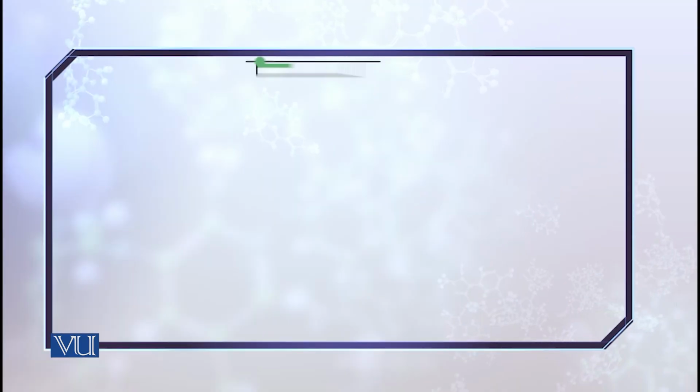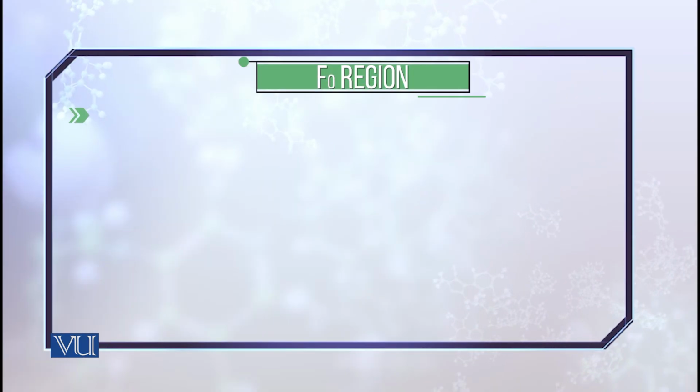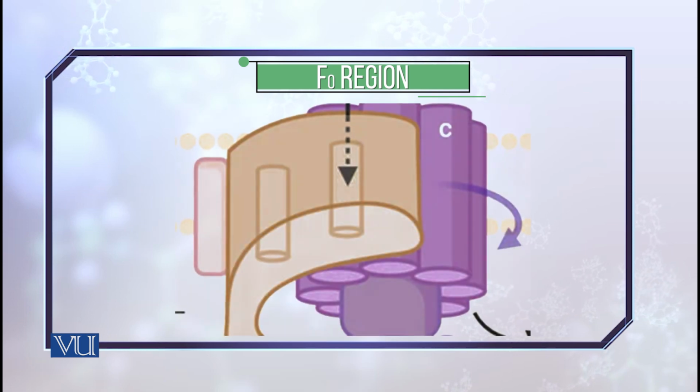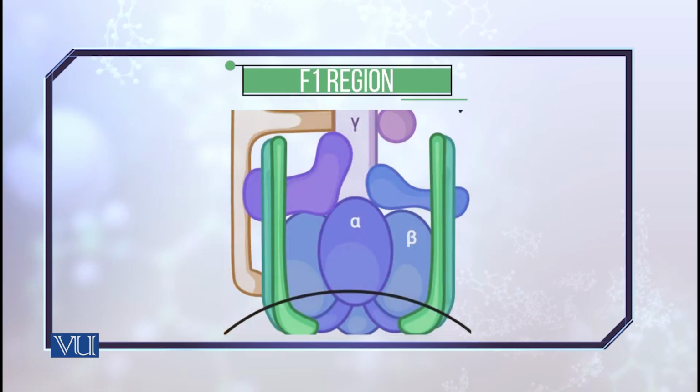The F0 subunit is composed of three further subunits, that is subunit A, subunit B and subunit C. It acts as a motor, because when the protons move through it, it acts as a motor, and this motor then provides the energy for the catalytic activity of the catalytic unit, that is the F1 unit.